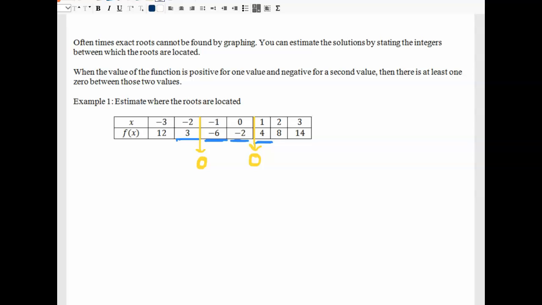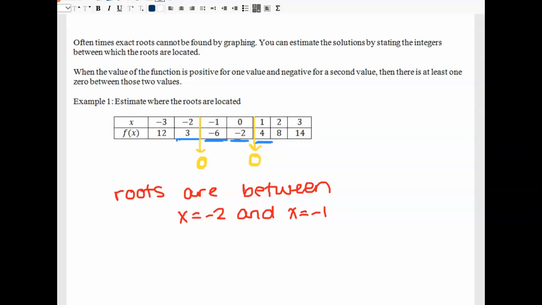So in this case, it says estimate where the roots are located. For me, the roots are between x equals -2 and x equals -1, and x equals 0 and x equals 1.